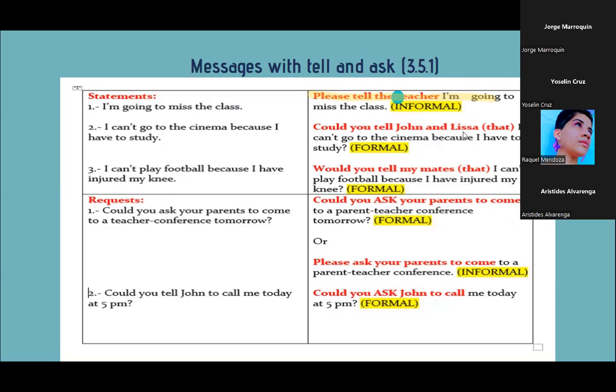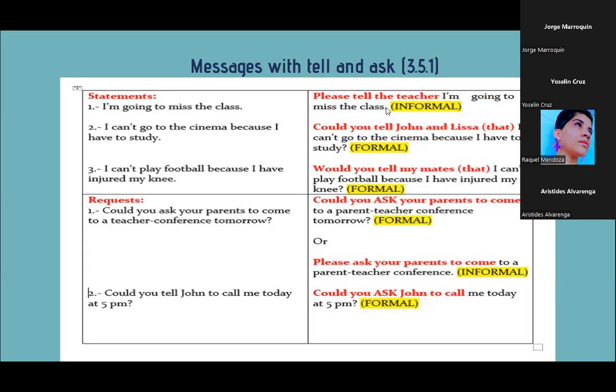Okay. Please tell the teacher I'm going to miss the class. Very good. Now, do you notice anything different from the explanation we have in the book? Please tell the teacher I'm going to miss the class.